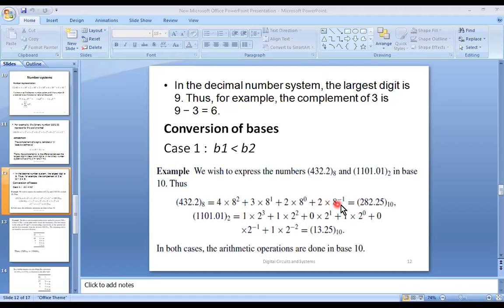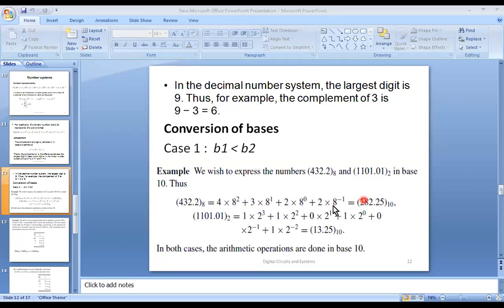Then we add these things: 4 into 8 squared, which is 64 into 4, plus 3 into 8 plus 2 into 1 plus 2 into 1 divided by 8. If you add up all these, you will get the equivalent decimal number. This is how we do it.